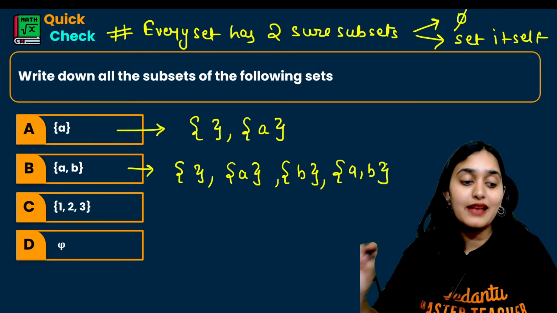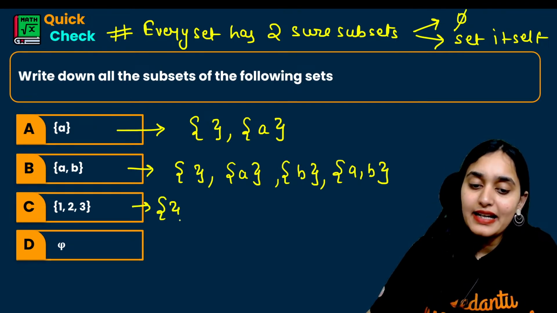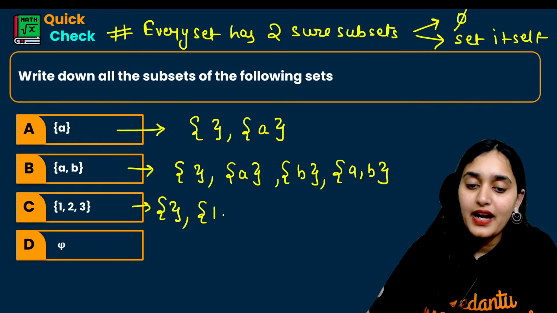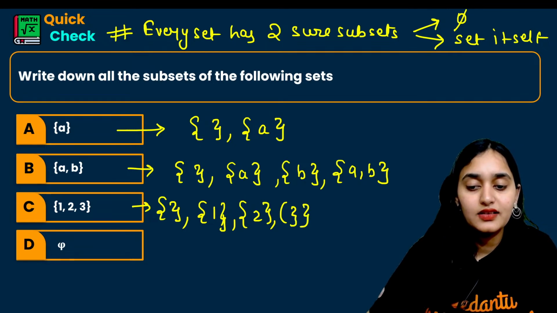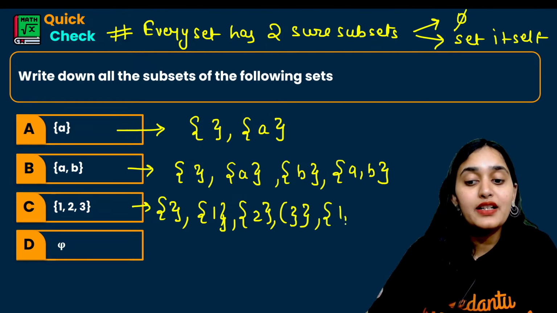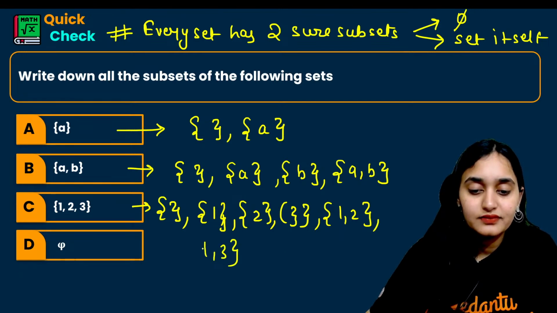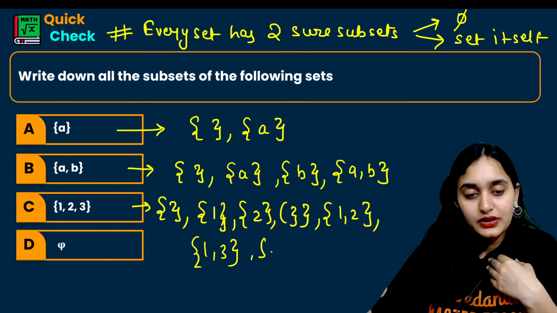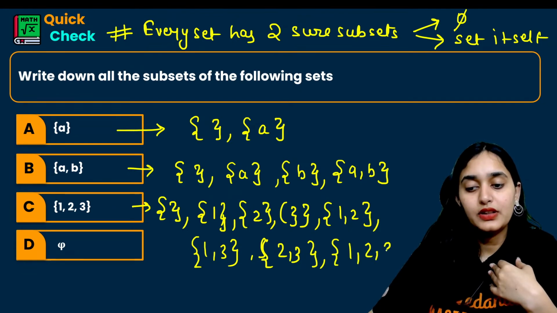These are the subsets. For {1, 2, 3}, it will be the null set, {1}, {2}, {3}, then {1, 2}, {1, 3}, similarly {2, 3}, and lastly {1, 2, 3}.